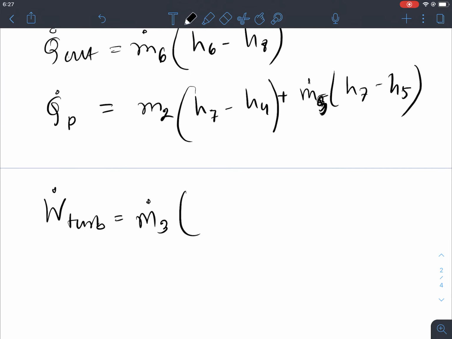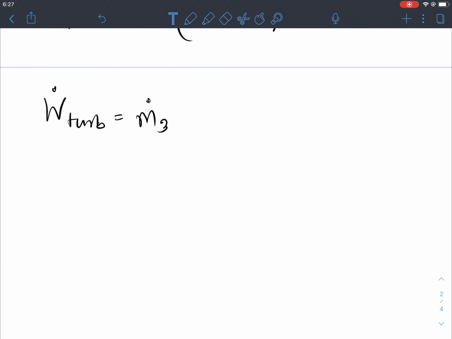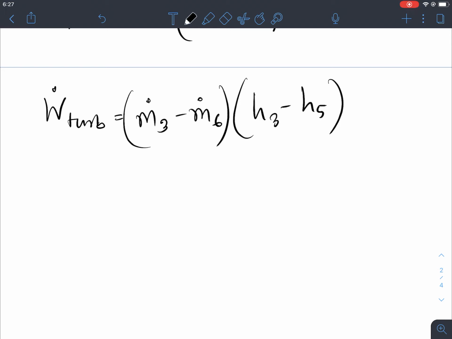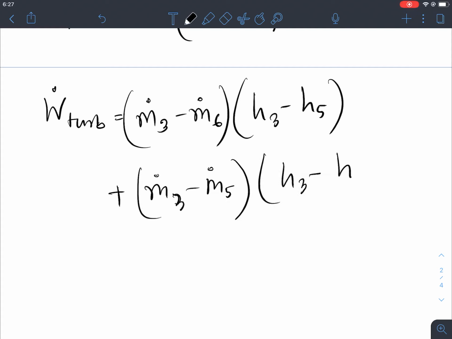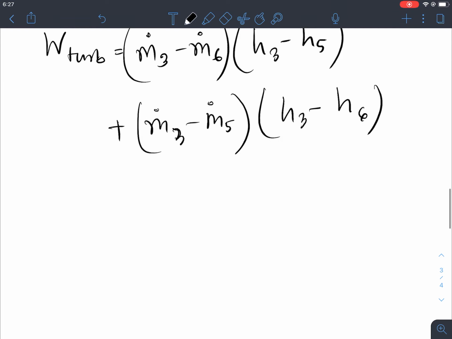M3 minus M6 equals M5 times H3 minus H5 plus M6 times H3 minus H6. Okay, so this is the turbine output.